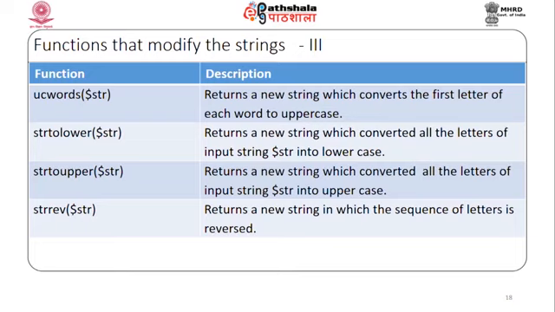It returns a new string which converts the first letter of each word to uppercase. strtolower returns a new string which converts all the letters of the input string into lowercase. Same way strtoupper returns a string which converts all the letters of the input string $str into uppercase.